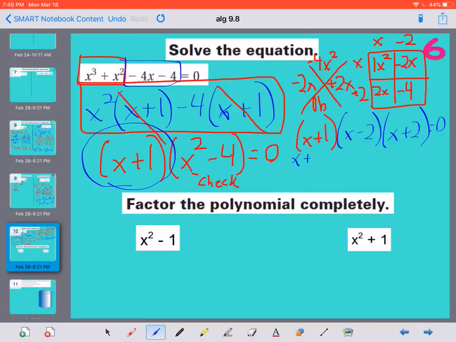So x plus 1 equals 0. X minus 2 equals 0. And x plus 2 equals 0. If I subtract 1 here, I get x equals negative 1. Add 2 here, x equals 2. And subtract 2 here, get x equals negative 2.